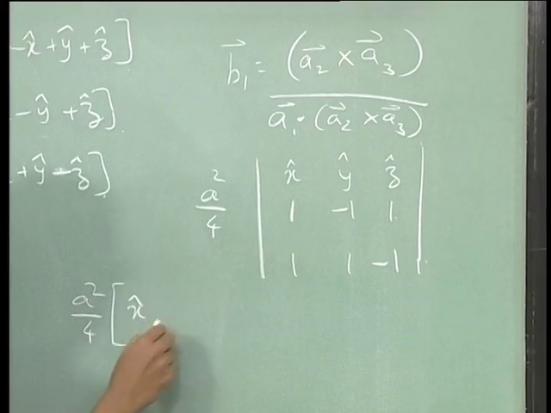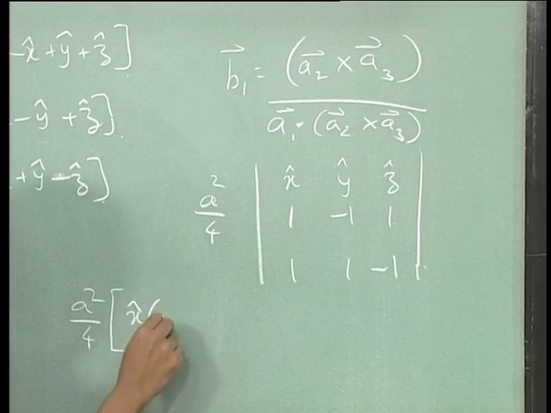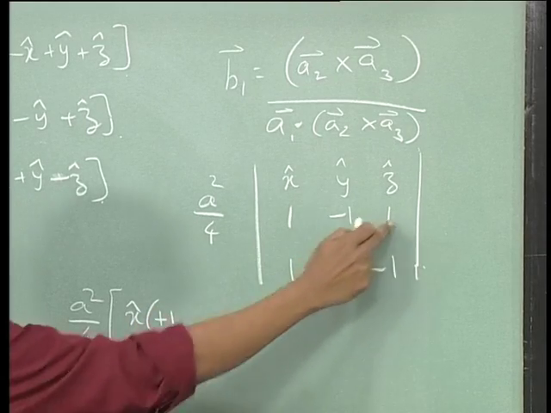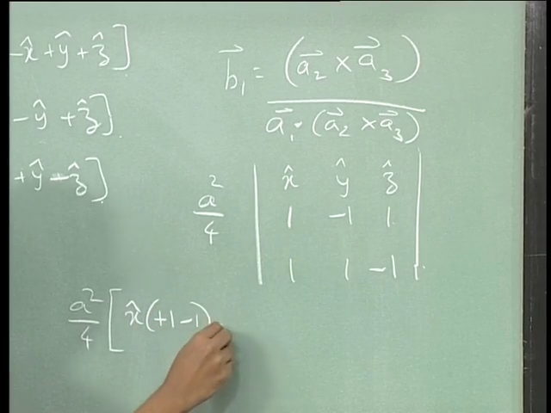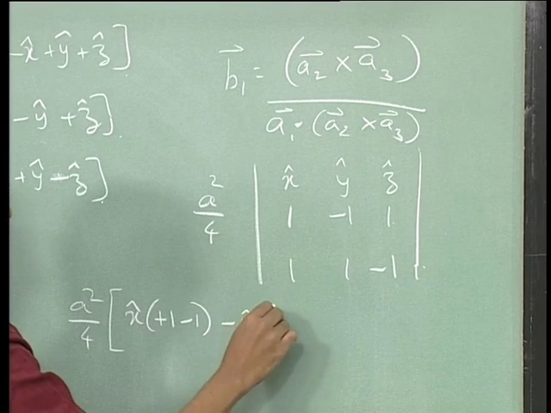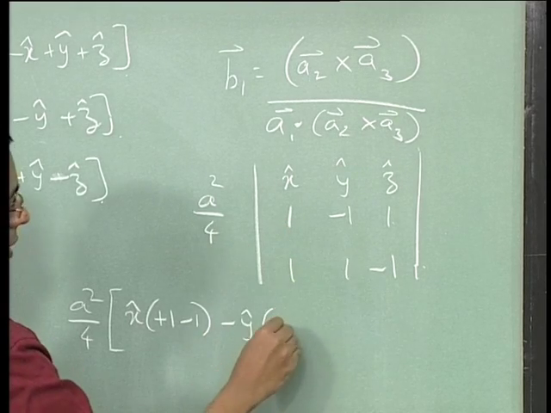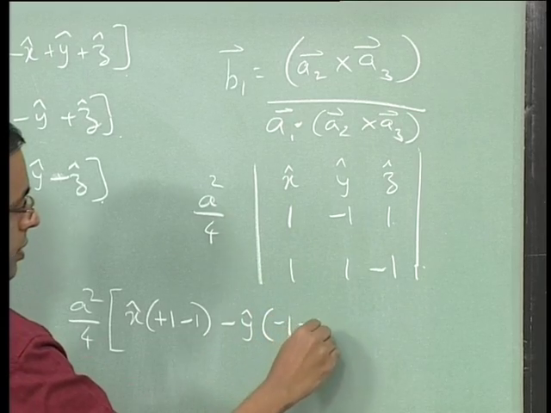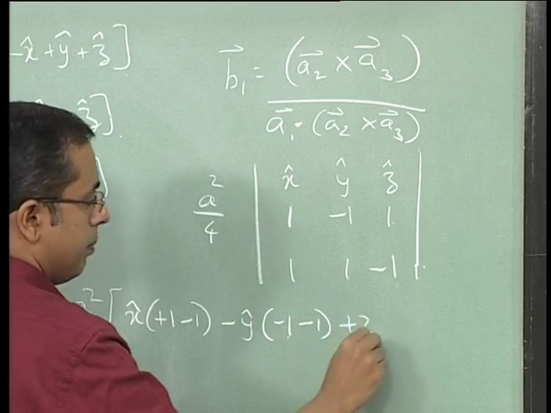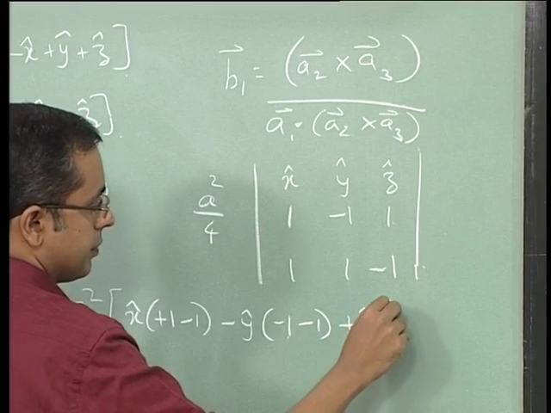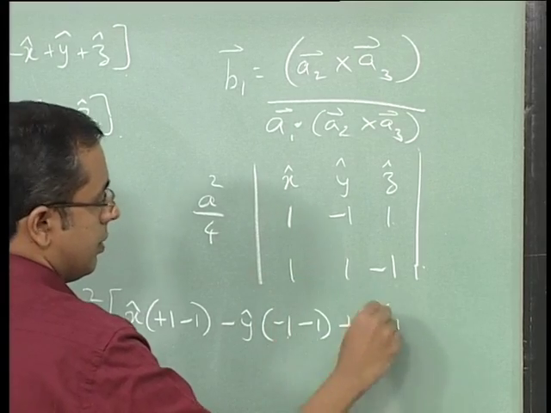We get a squared by 4 times x cap, this will become plus 1 minus 1, minus y cap times minus 1 minus 1, plus z cap times 1 plus 1.